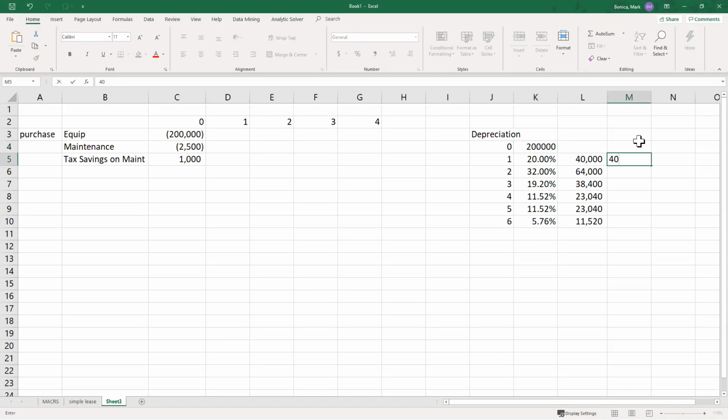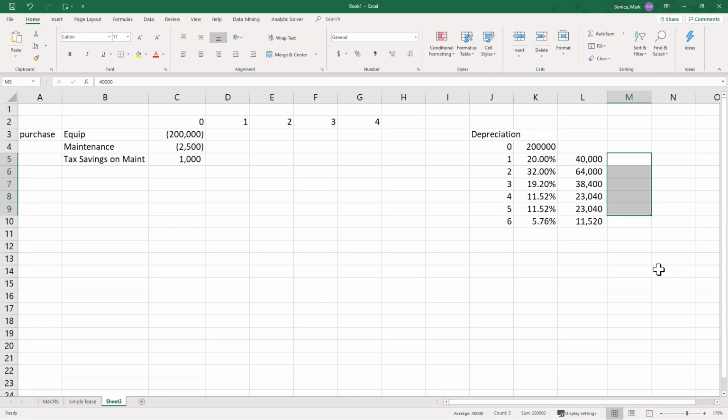What MACRS allows is that in year one, you take the same amount as under regular depreciation, but in year two, you take dramatically more than straight line would allow. So this allows the firm to get depreciation savings earlier than they normally would.